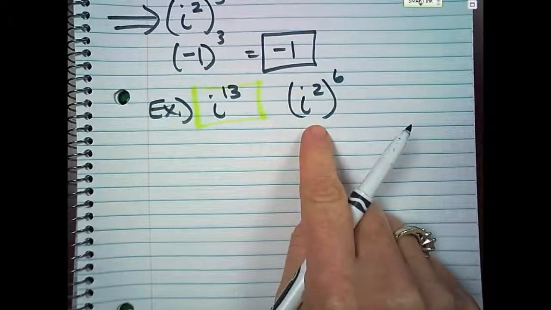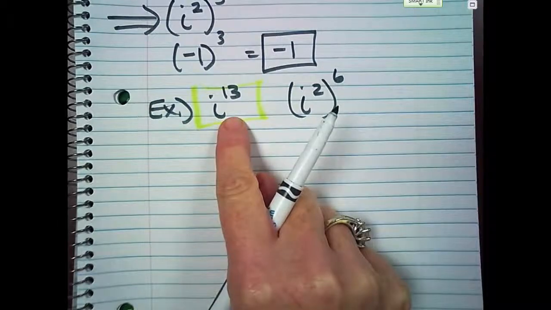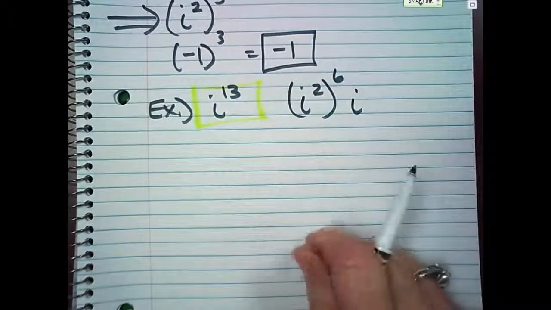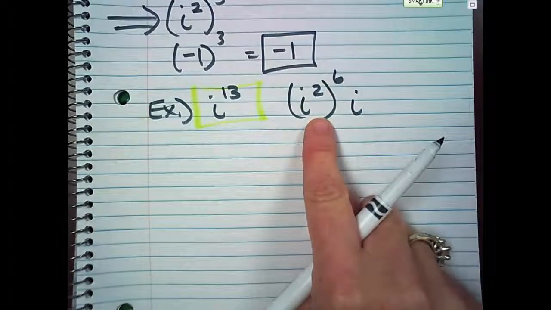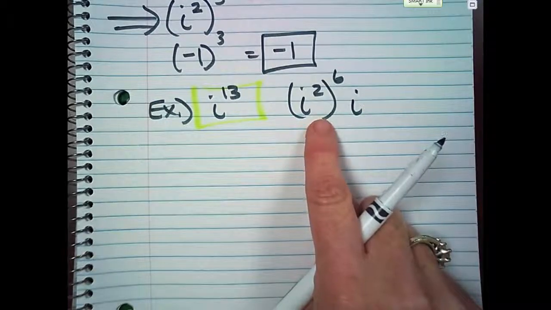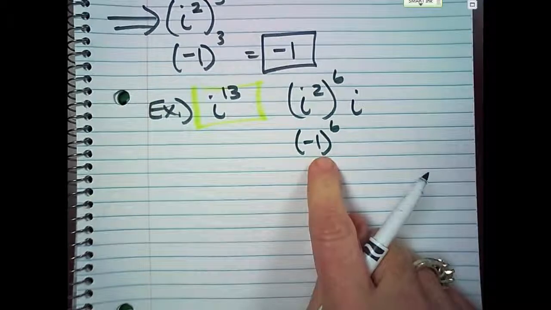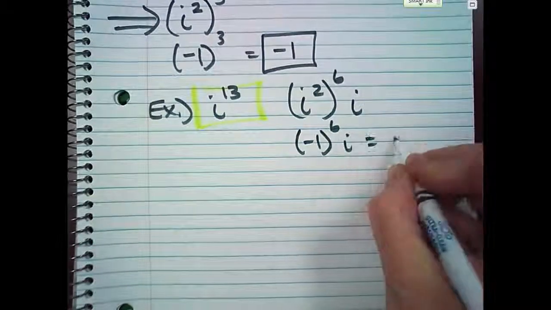Only 12 i's. How many i's are there in my problem? So what am I going to attach to this? An i. So I have an even amount of groups. So is my i positive or negative? You have an even amount of groups right here. Because this is the same thing as -1 to the 6th power. So 1. 1 times i is i.